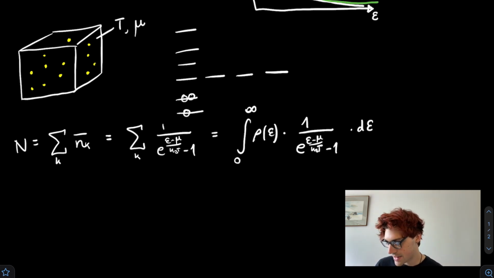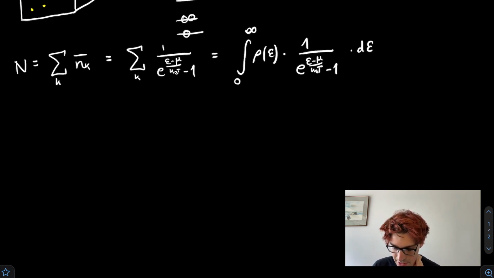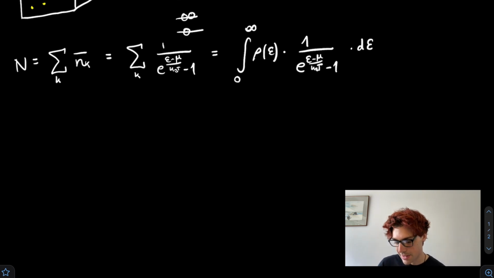So what did we say the density of states was? Well, when we derived the density of states, we had to use the dispersion relation, which basically is the relationship between energy and momentum. Now, this is of course going to be different depending on what type of bosons you're going to be working with.